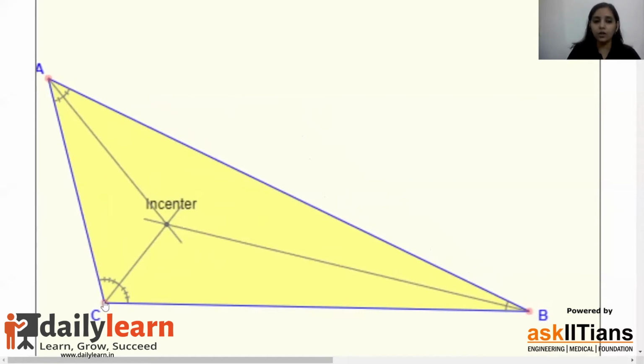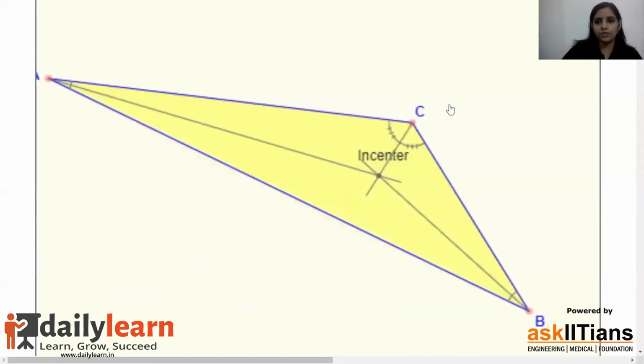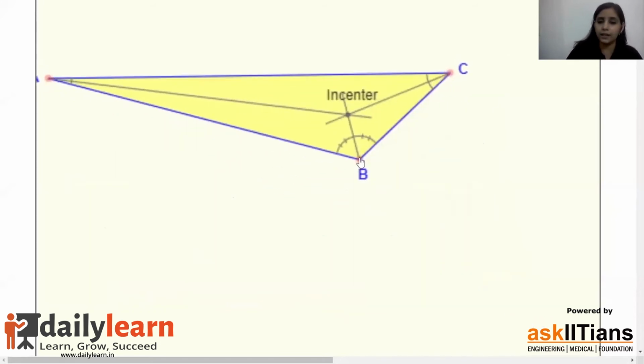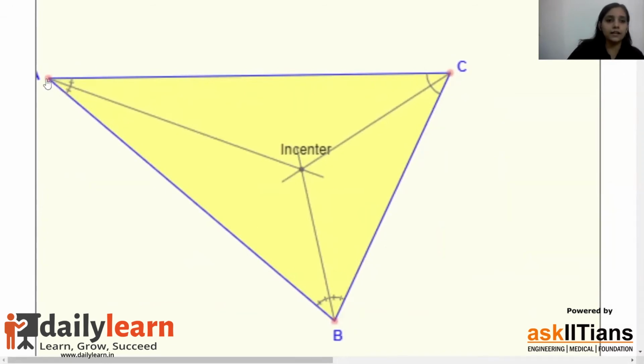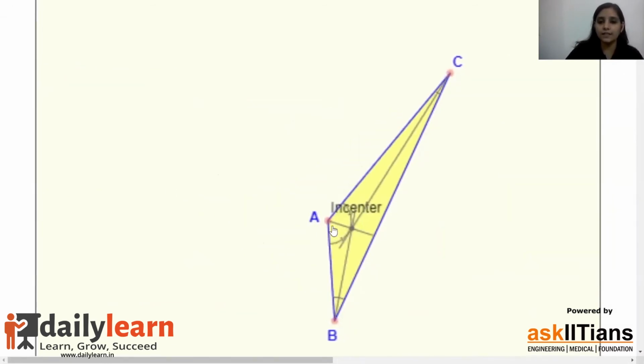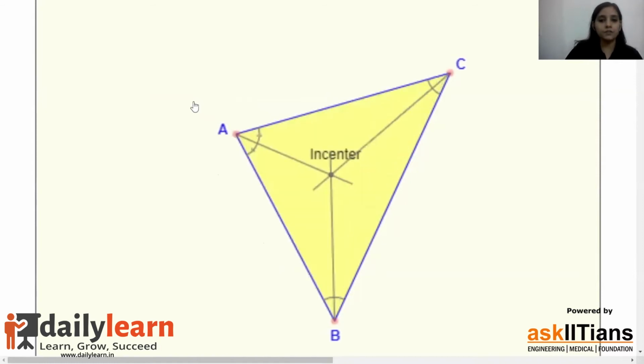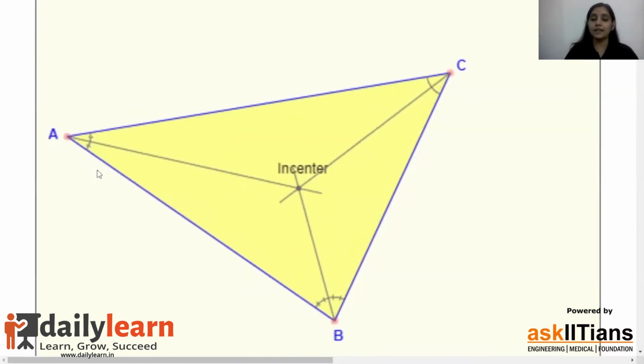Whatever the triangle may be, in any direction, the incenter always lies inside the triangle.